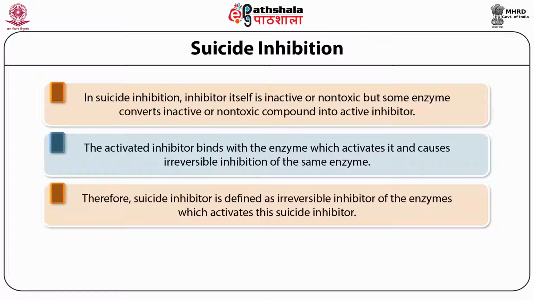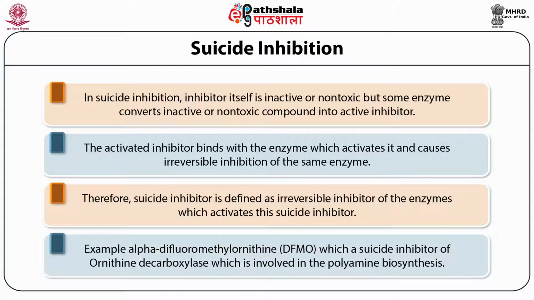Therefore, you can also say that suicide inhibitors are mechanism-based inhibitors. For example, DFMO, that is difluoromethylornithine, is a suicide inhibitor of ornithine decarboxylase, which is involved in polyamine biosynthesis.